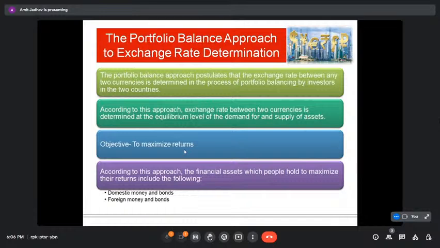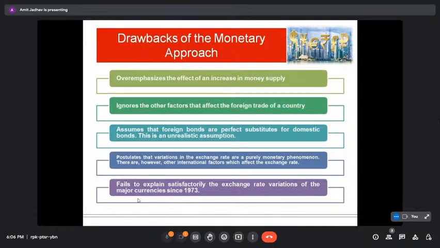In the second part we looked at the exchange rate: how it is determined, what is meant by exchange rate, and some theories of the determination of the exchange rate.